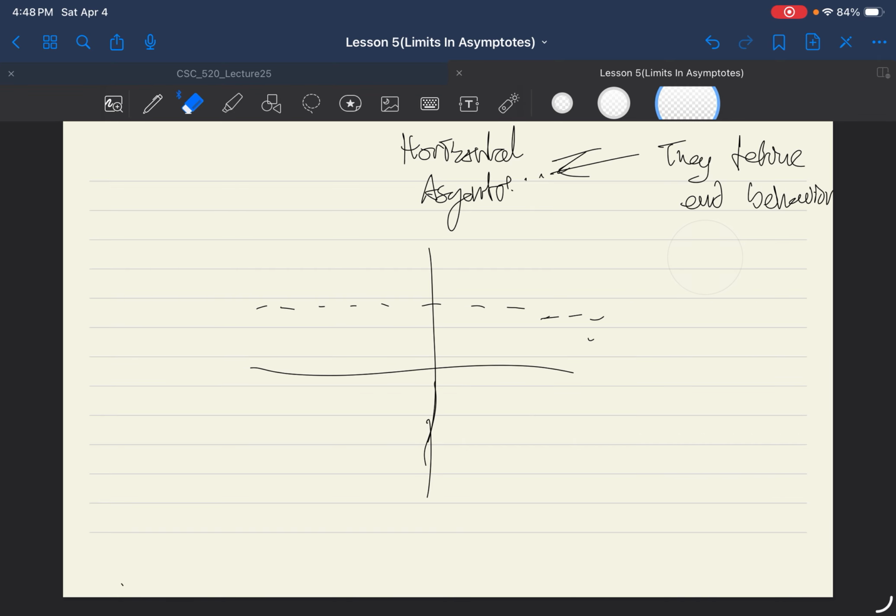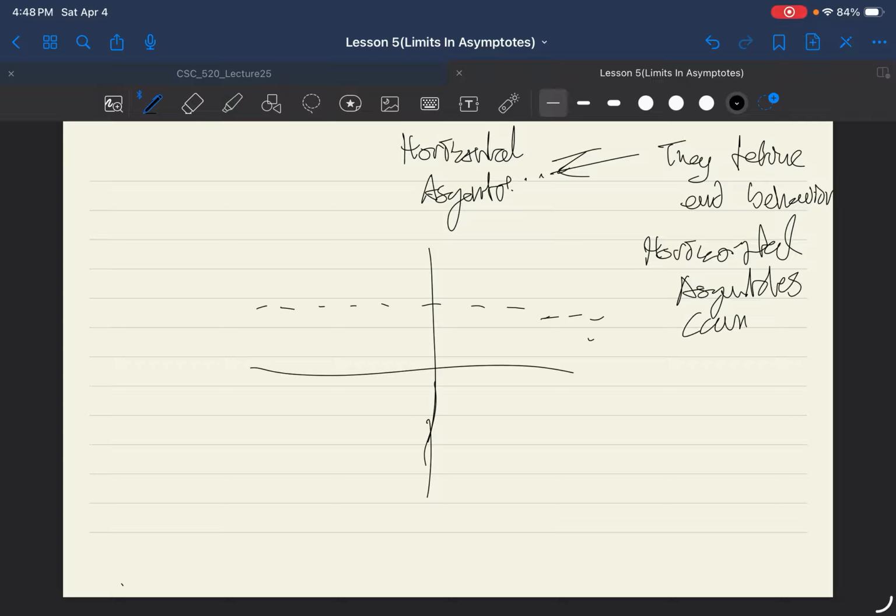This is different than probably what I'm talking about. My bad. Basically we need to talk about a case where horizontal asymptotes cannot be crossed. And this is usually the case that you see with a function. So let's take a random function like this.